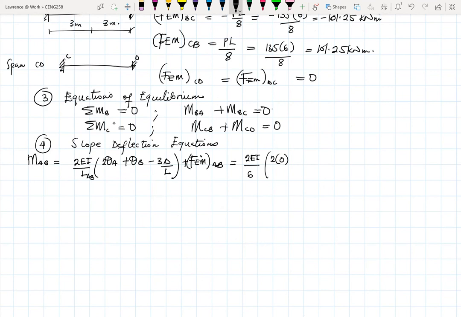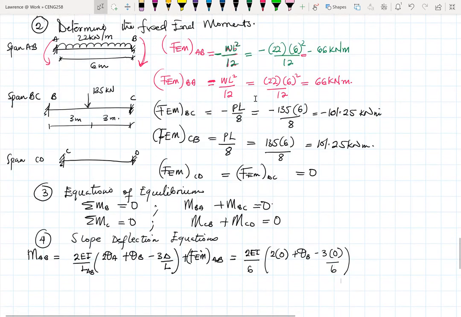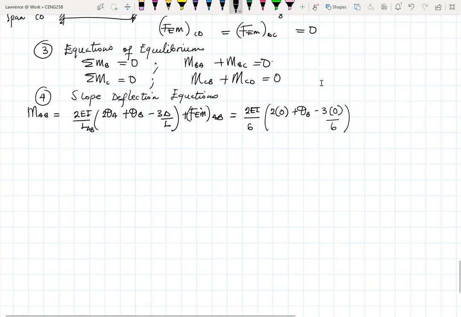So plus theta B, which is not 0, minus 3 times delta A, which is 0, over 6, plus our fixed end moment at AB. The fixed end moment at AB is minus 66. So this becomes one of your equations.